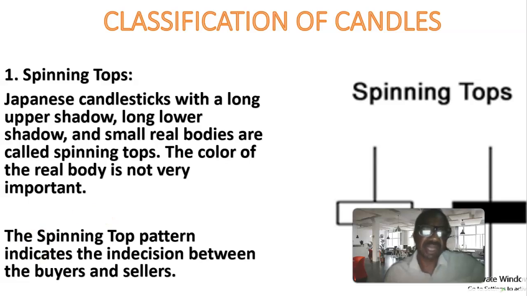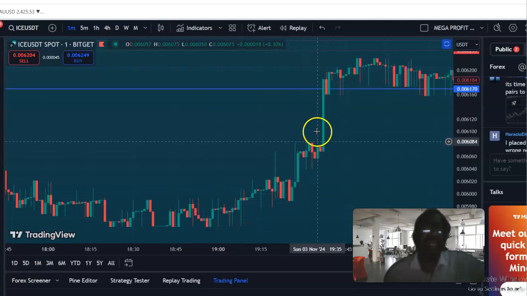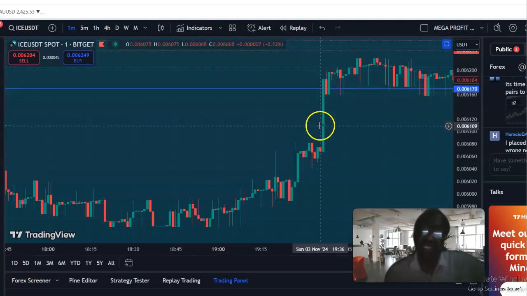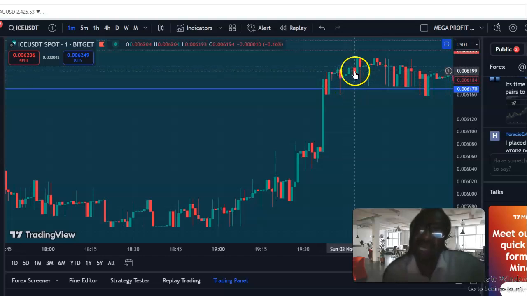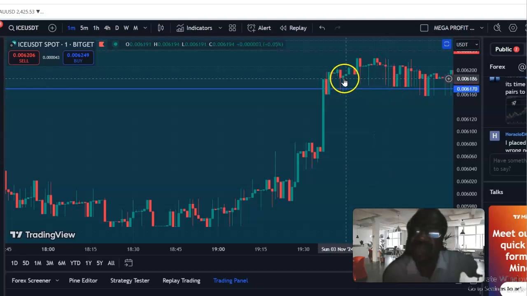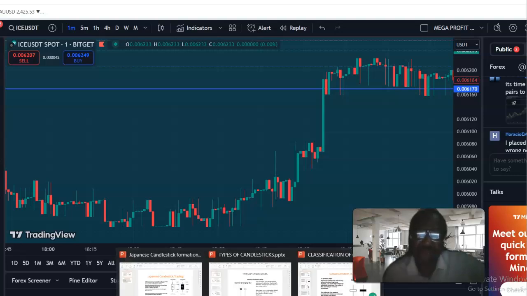Now let's identify a spinning top in our real trading chart. This is a real chart here. Let's look out for a spinning top that has a long upper shadow, a long lower shadow, and a small body. This is what we are looking out for.